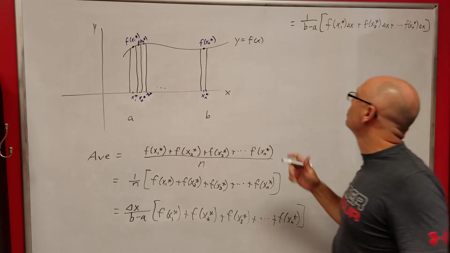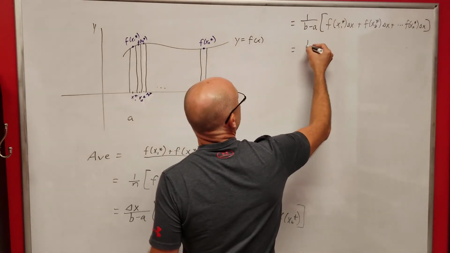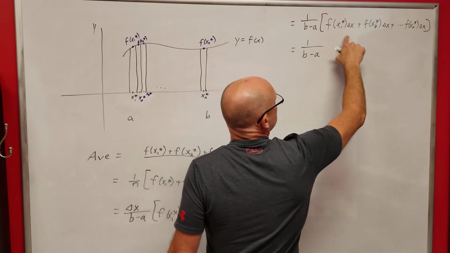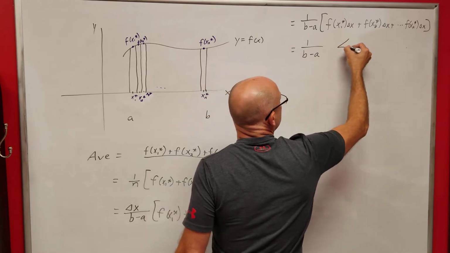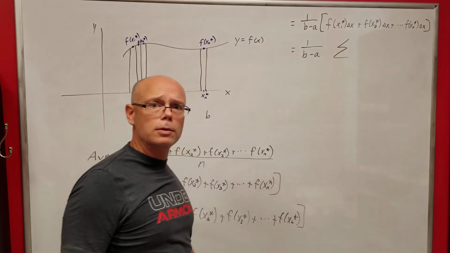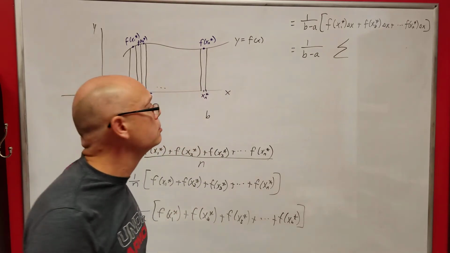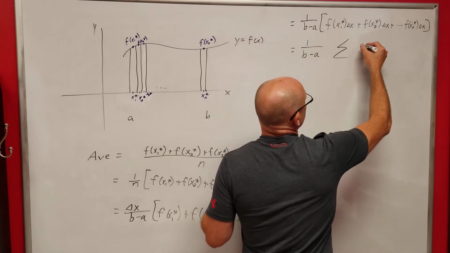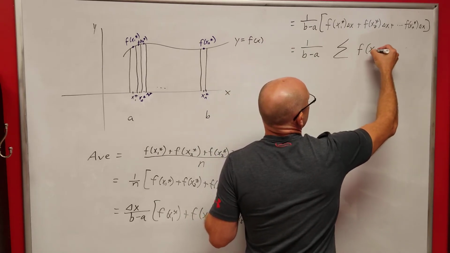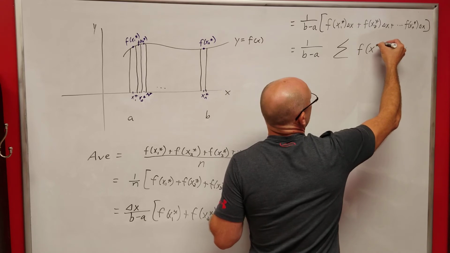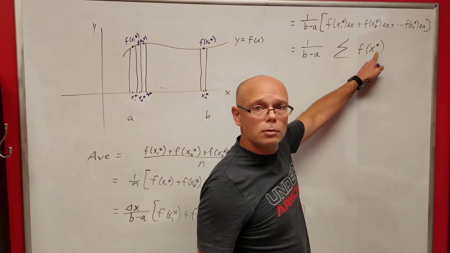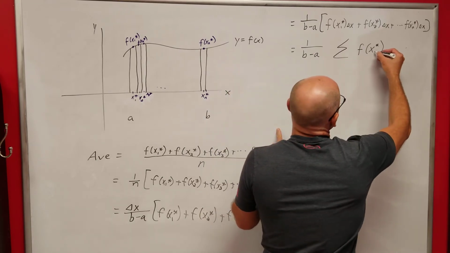Let me see, I can do a rewrite now. I can rewrite this as 1 over b minus a, and then right here, let me go ahead and use this summation symbol. And I'm going to say this is f at x star. Remember whenever we use this notation that whatever's changing, we go ahead and call like our n value.